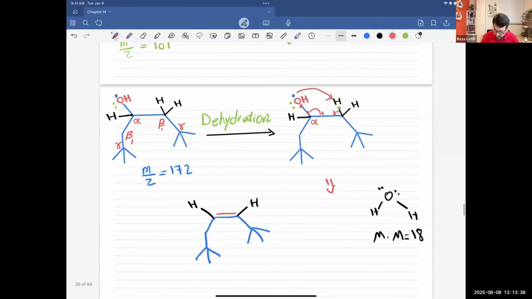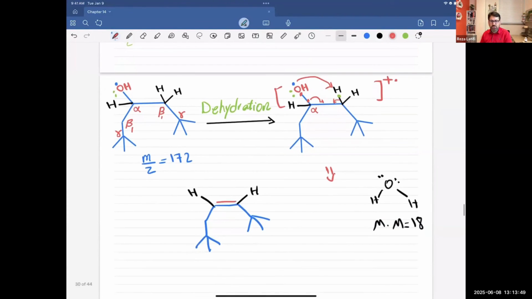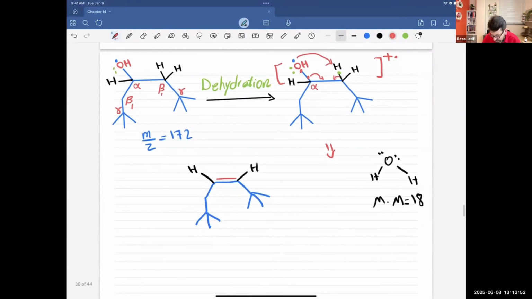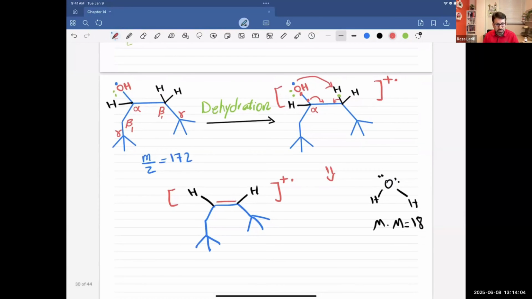And remember, the total charge, we wrote it as a plus dot. We removed a neutral molecule, and that's water. And so that's not going to change the charge because it's just neutral. And so whatever is left still is going to have a charge, and also we call it a radical. Again, why do I call this one plus dot? Because I'm dealing with a species that is a radical cation. I removed neutral water from it. That's not going to change the charge.